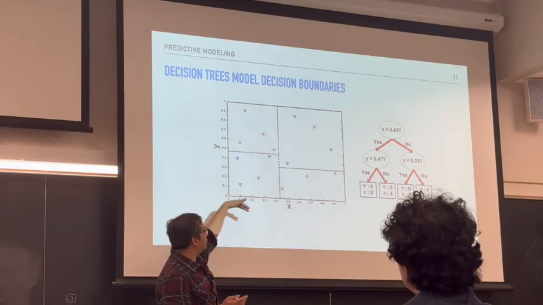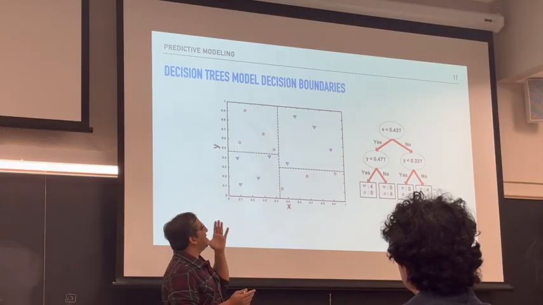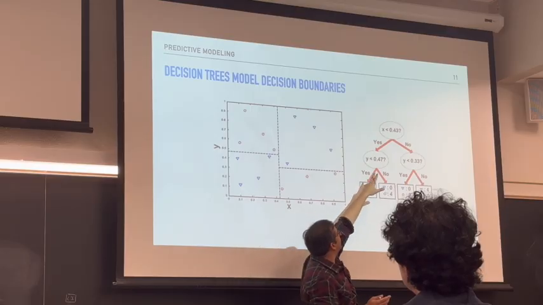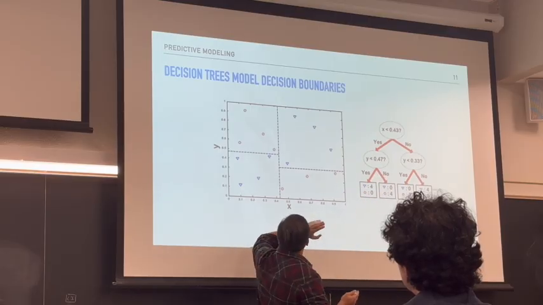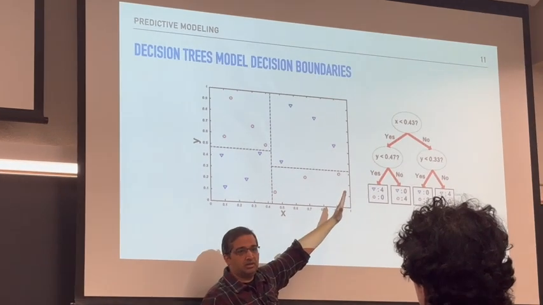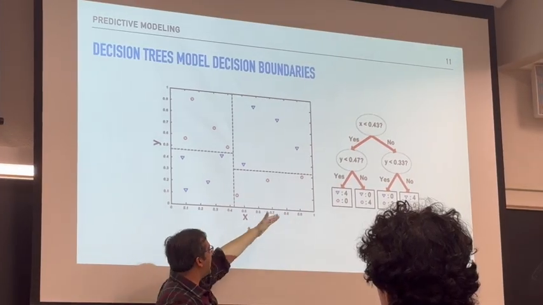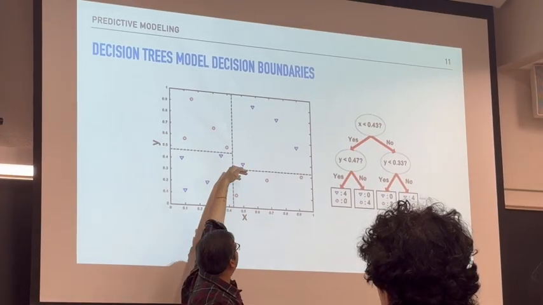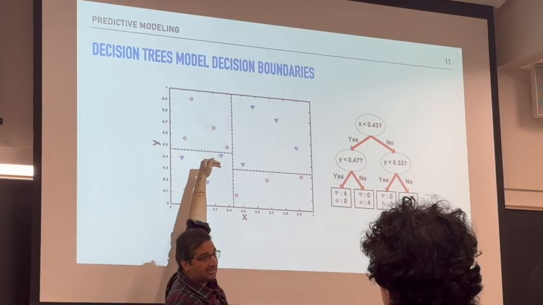So this is feature 1, this is feature 2. When I say that split on x less than 0.43, I'm saying this is 0.43, everything here is a different data set now, everything here is a different data set. Right? And then within that subset, I create other axis parallel boundaries.